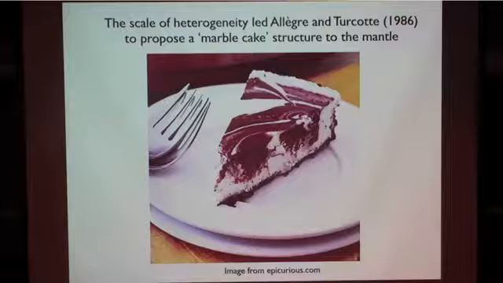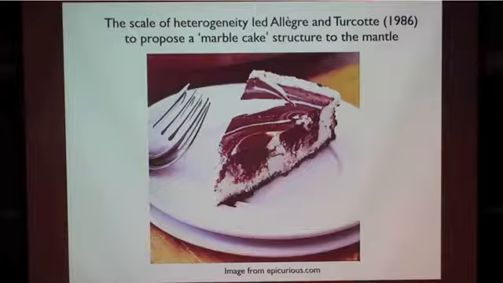Okay, so when Kellogg and Turcotte did that work, they proposed that the structure of the mantle is like a marble cake. And here's a picture of a marble cake, a marble cheesecake to be specific, to give you a sense of what they were talking about, where you can see that, just by incomplete mixing of the chocolate and vanilla batter, you get these different scales of heterogeneity. You get banding and so on.